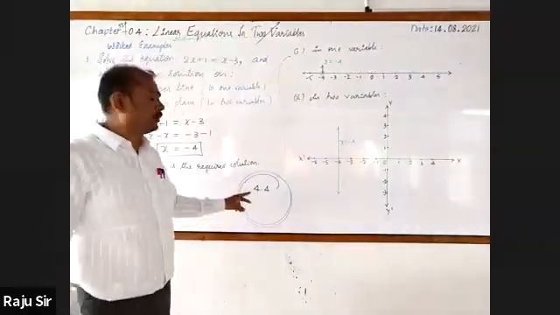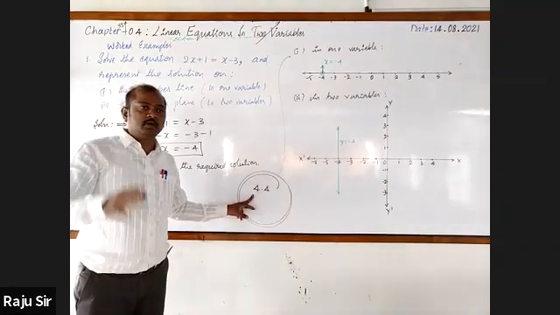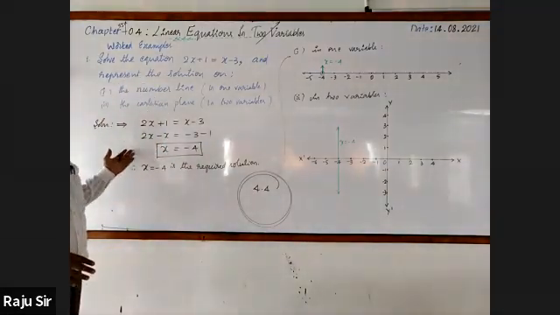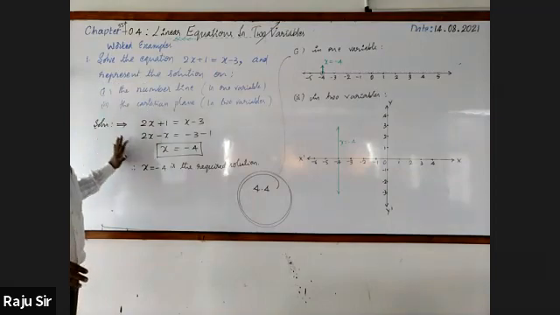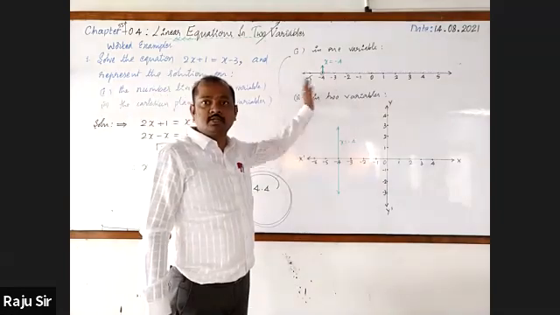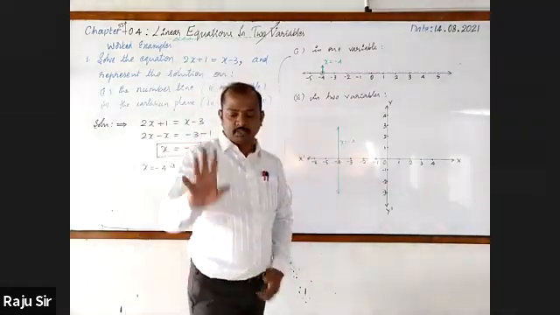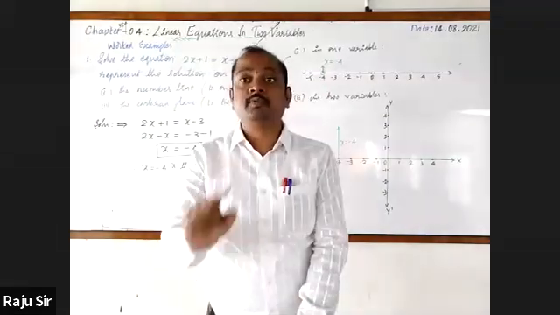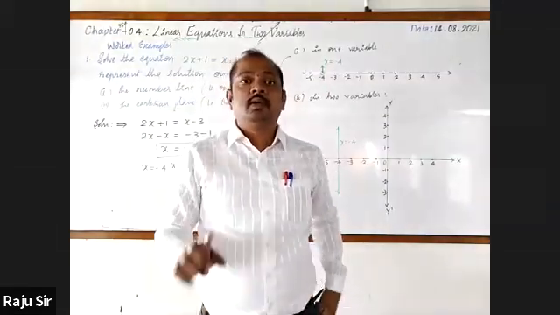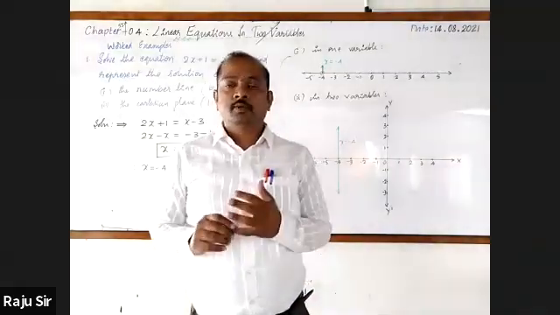Exercise number 4.4. In that, 2 problems are there, and both the problems are related to this one. There you have to solve, then you have to represent that solution on the number line as well as on the Cartesian plane. So that is for homework 4.4. Now just listen.